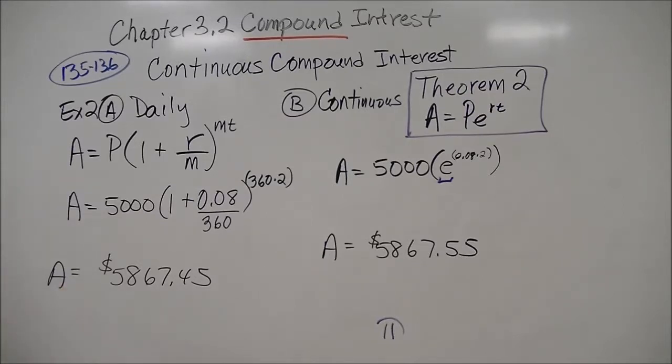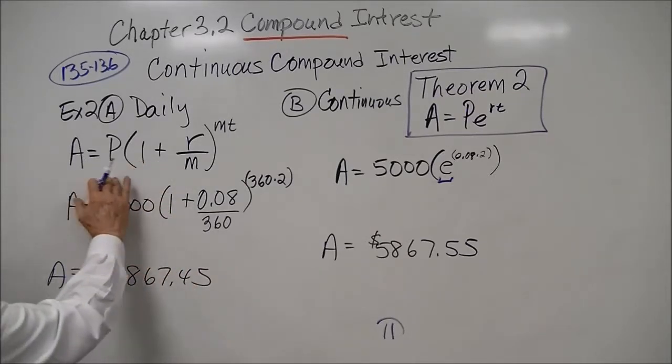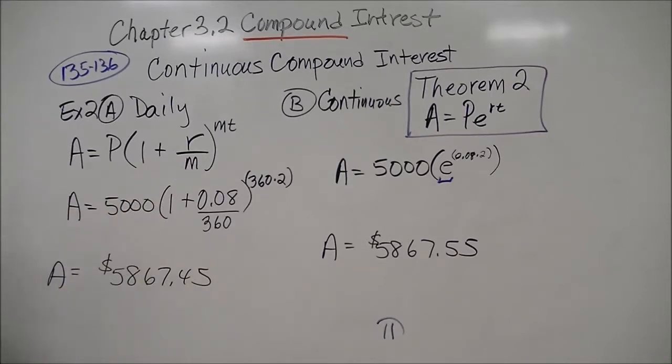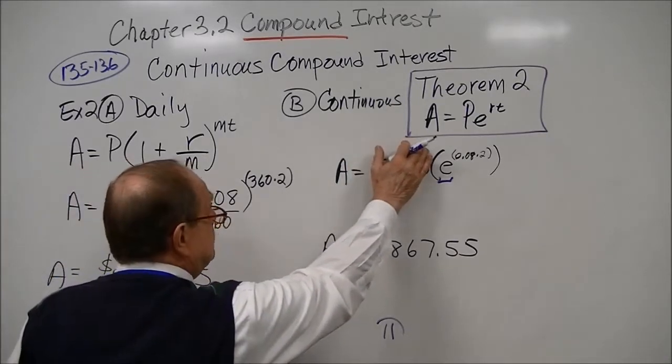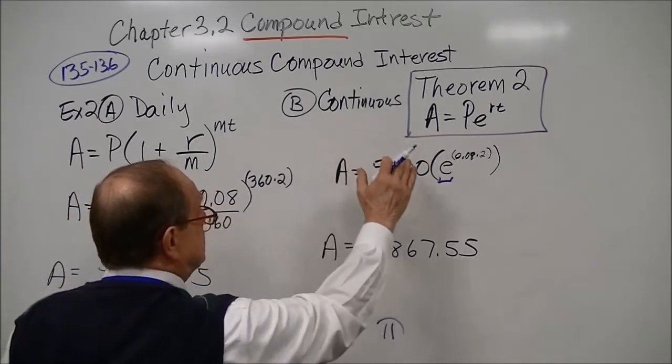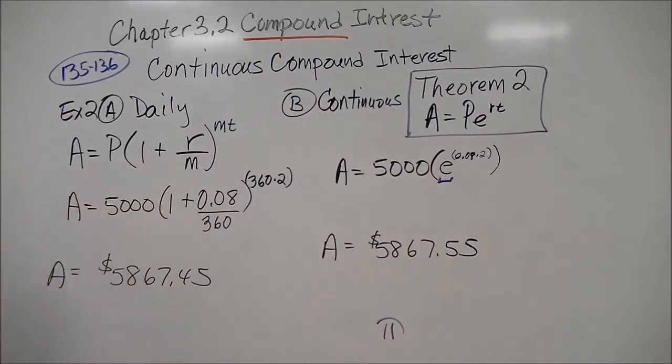So what we're setting up then is this is the formula for compound interest, general multi-purpose formula, and then this is the special formula for continuous compound interest. So depending what they ask you, you have to use the correct formula, and these will be given to you on a sheet of paper.